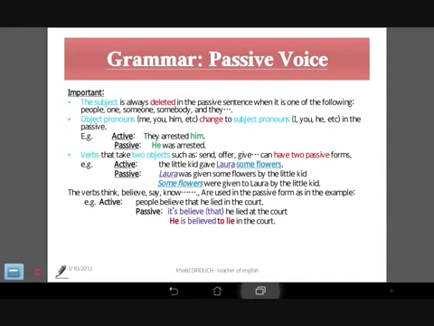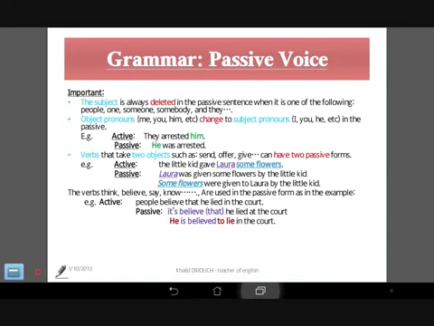When we move it, it changes to he in the passive sentence and we get he was arrested. Women also can be arrested, right? Don't you think so? So let's say we got an active sentence that says they arrested her. Her is an object pronoun that is going to change to she was arrested.